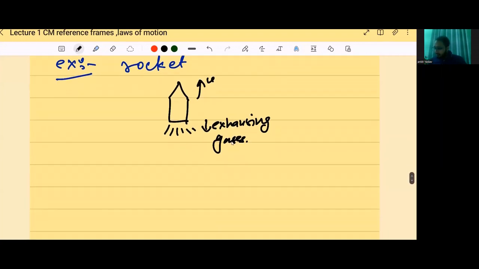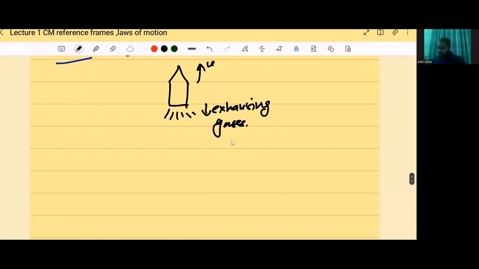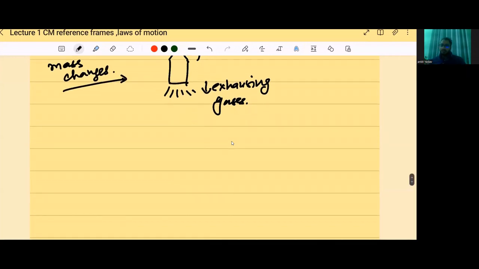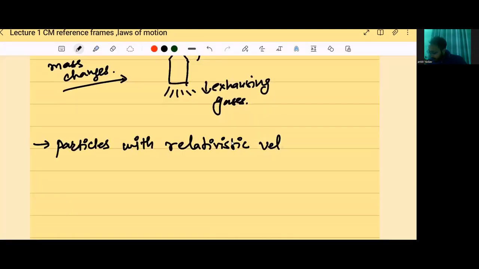The second thing is, in which other cases does mass change? Mass changes in the case of particles with relativistic velocities.